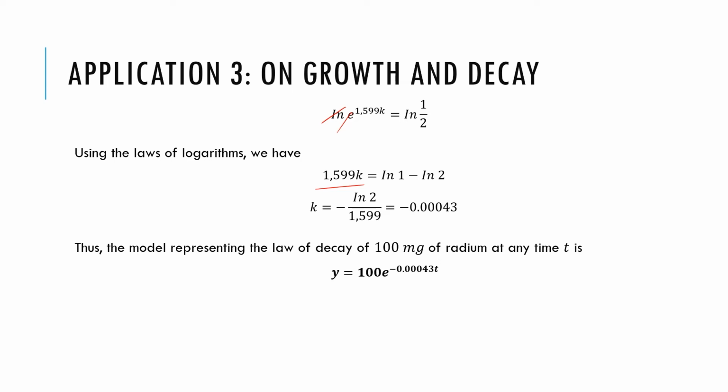Natural logarithm things, guys. Then, algebraic manipulation. We will have negative 0.00043. Mawawala yung e, tapos hindi na magiging exponent yung 1,599k. That's what I mean. So, ang model natin sa law of decay nito is y is equals to 100e raised to negative 0.00043t. So, yun yung model ng decay natin sa radium.